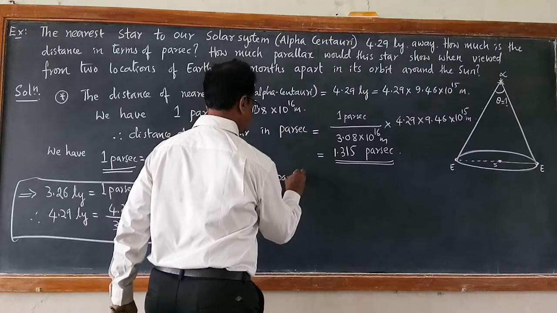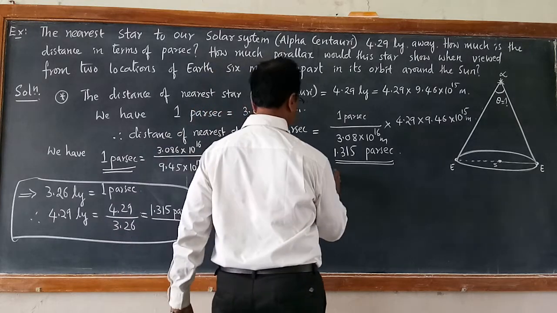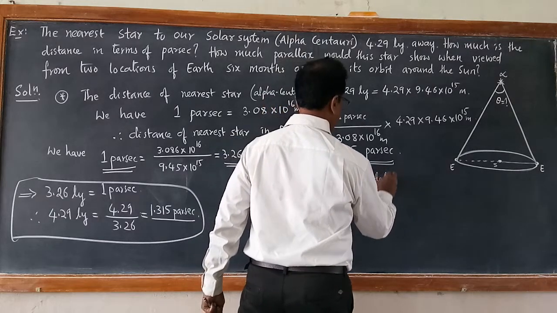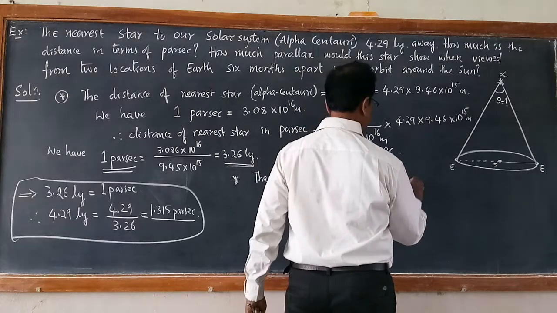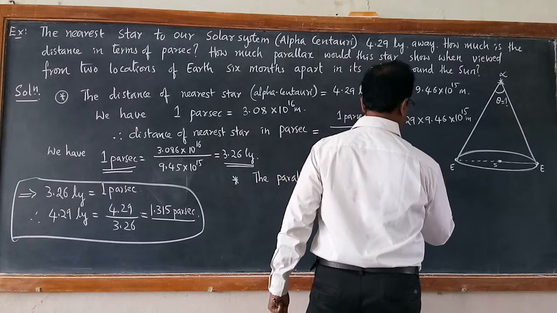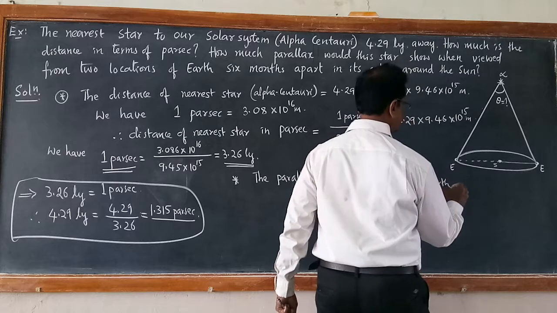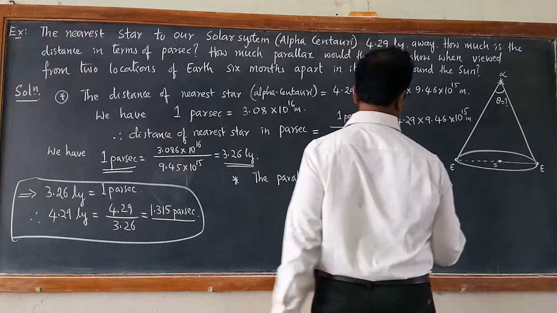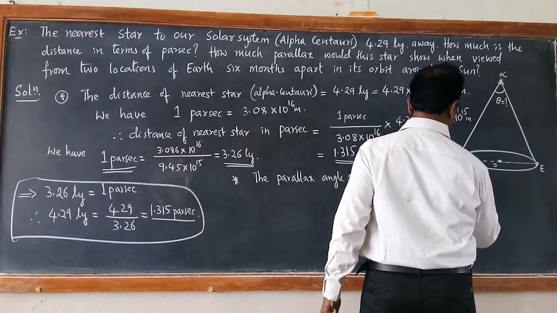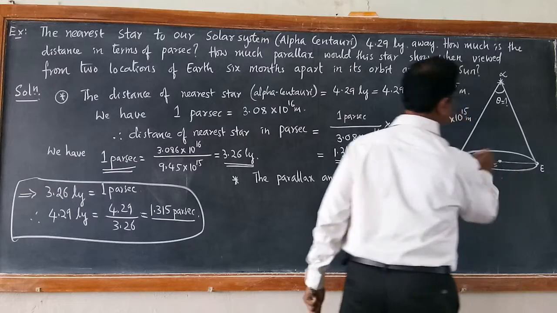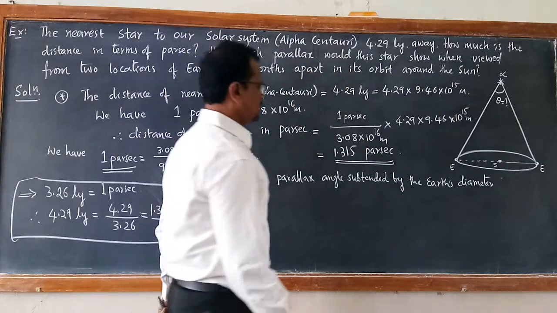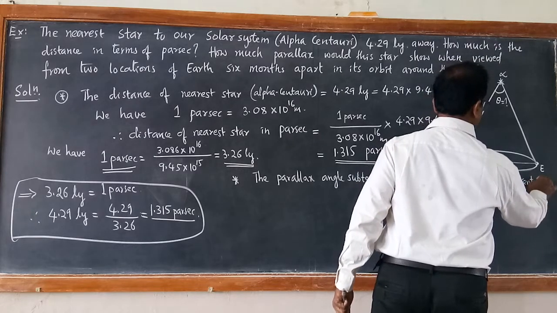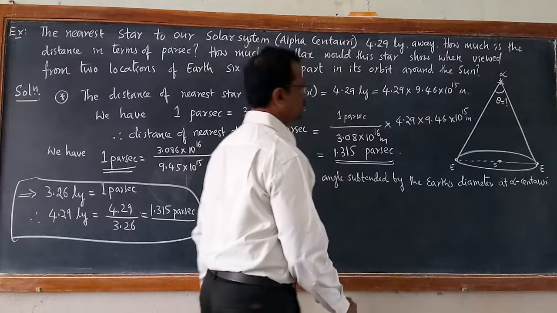The parallax angle subtended by the Earth's diameter at Alpha Centauri. How do you calculate?